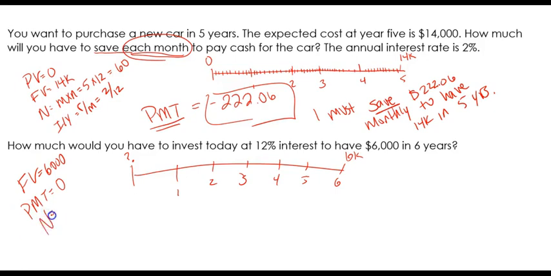We also know that we have 6 years to make this happen, and there's nothing here to imply that it's anything but annual compounding. So our compounding frequency is just 1. And we can earn 12%.